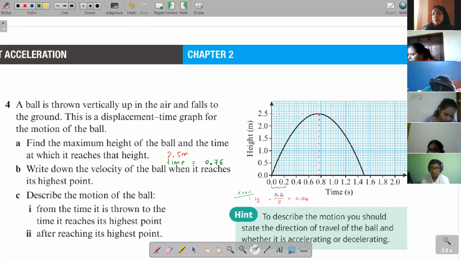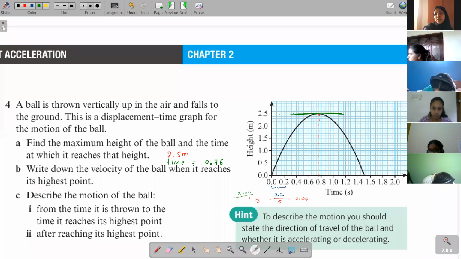So at the highest point, the velocity at the highest point, when you draw a tangent, what kind of line are you seeing? Are you seeing a sloped line or a horizontal line? It's a horizontal line. So the tangent at the highest point, if you want to get the velocity, you have to draw a tangent to the graph at the highest point.